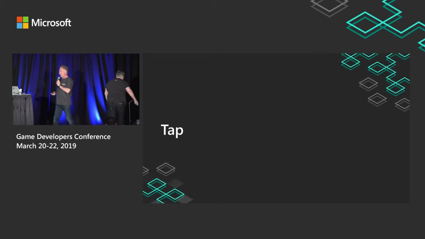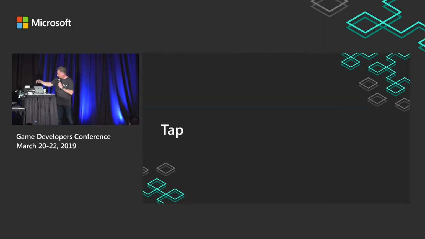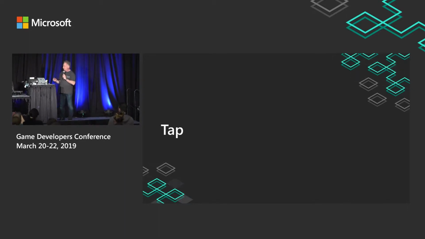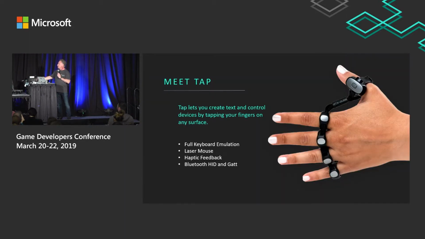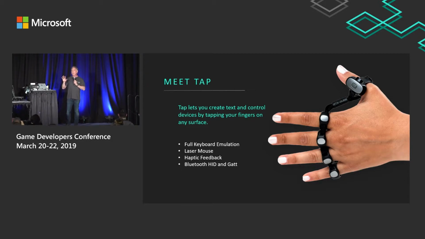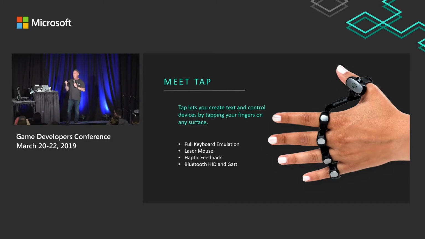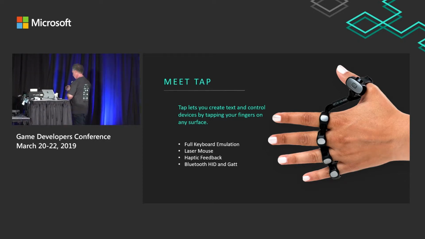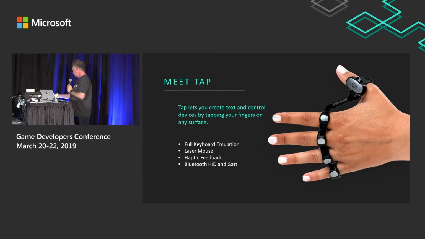Hello? Okay, I guess it's on. All right, I'm going to introduce Tap to you. I'm going to show you something which is a kind of revolutionary new paradigm in how we accomplish input. It's a keyboard and it's also a controller. I'm going to switch over to a live demo here, which never goes wrong.